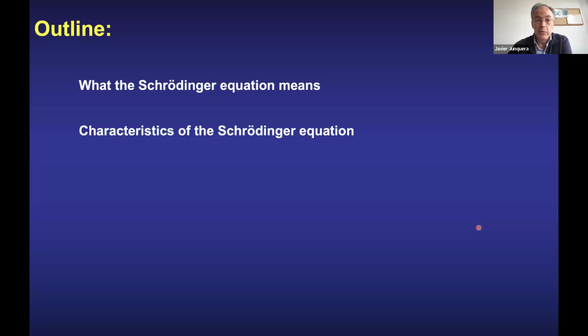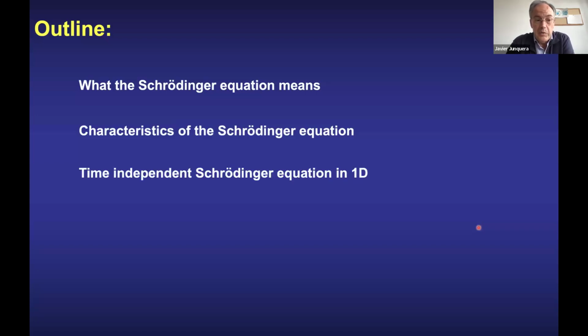Then I will describe the characteristics of the Schrödinger equation. Then I will move on to how to derive the time-independent Schrödinger equation in a very simple problem in one dimension. Then I will generalize the Schrödinger equation in one dimension to three dimensions.